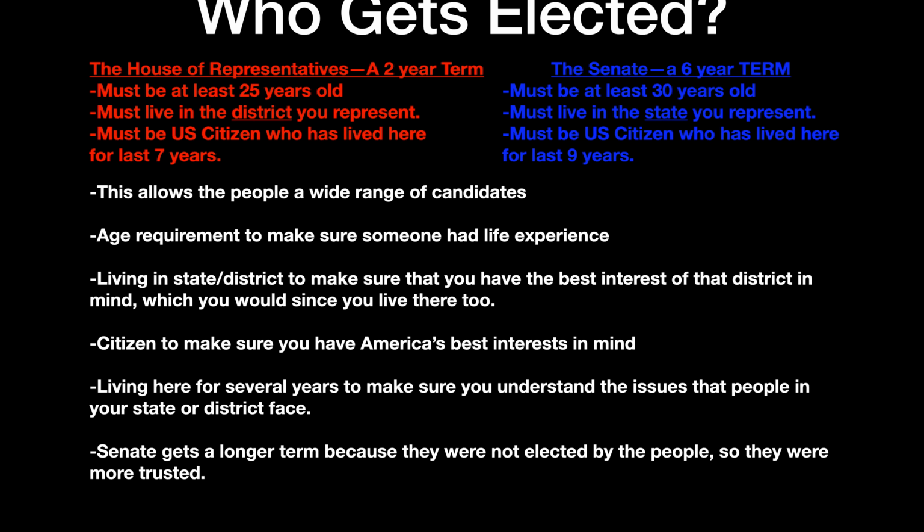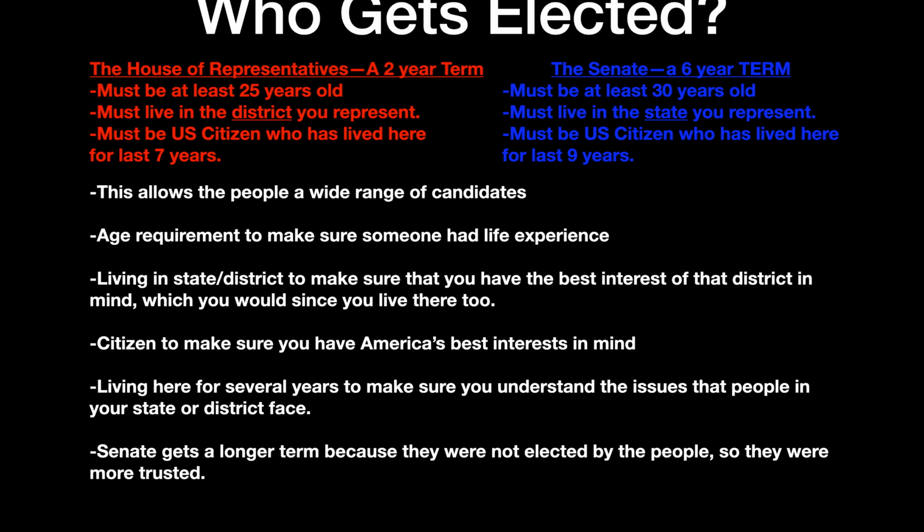Now, these decisions and just having a few requirements allows the people a wide range of candidates. You don't want to have so many requirements that you take away the people's right to really choose who they want. We have an age requirement of 25 or 30 just to make sure that someone's got enough life experience to do the job.